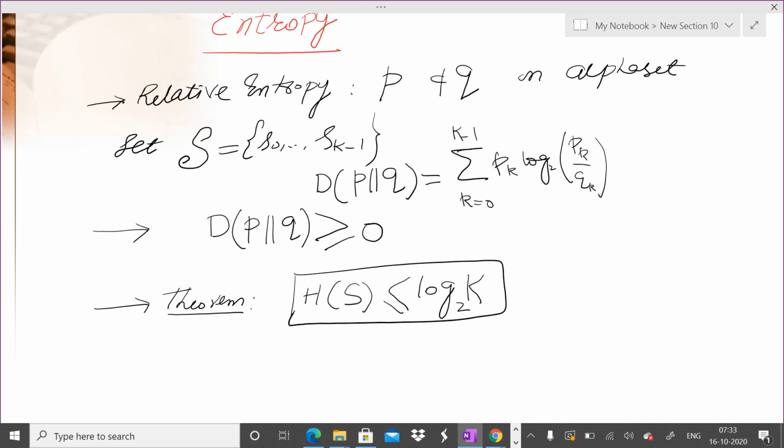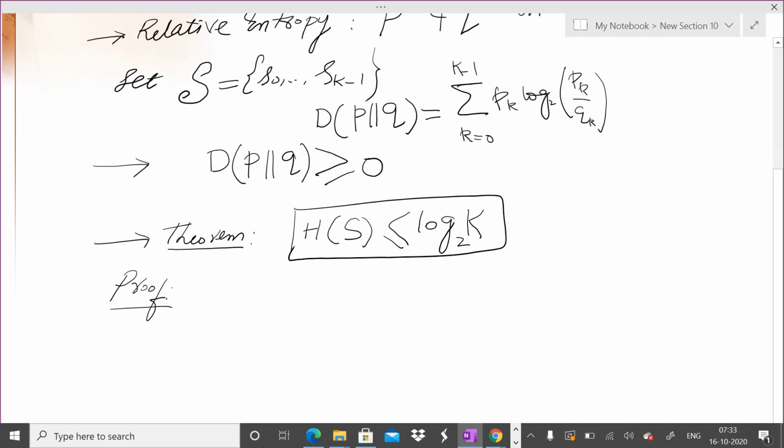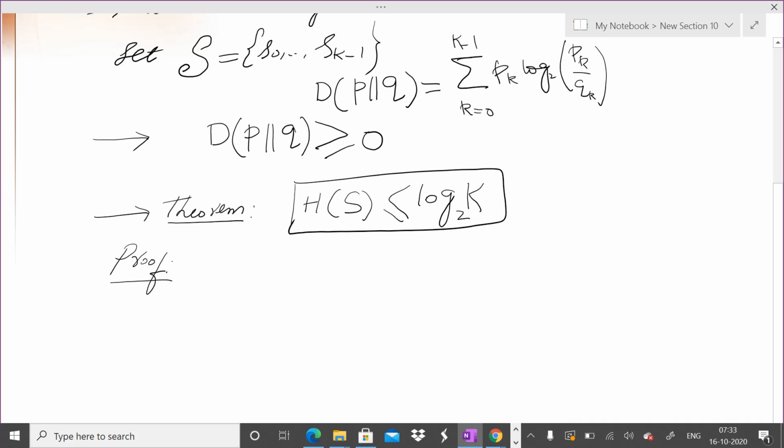We'll try to prove it. It is now very simple. First of all, we take two distributions. One is P. What is P?